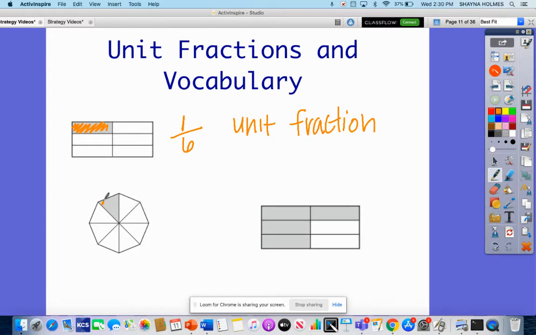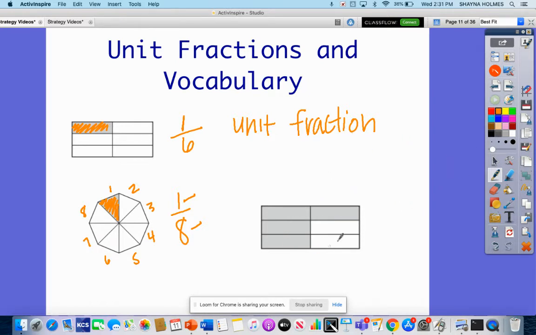Let's look at this one down here. This little piece is shaded in, and we have 1, 2, 3, 4, 5, 6, 7, 8 pieces. So we have 1/8. This is our numerator, and this is our denominator, and this is also a unit fraction.